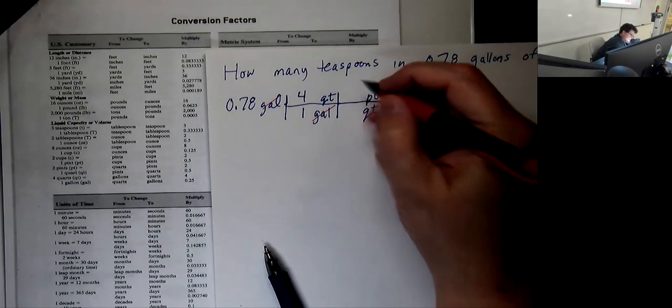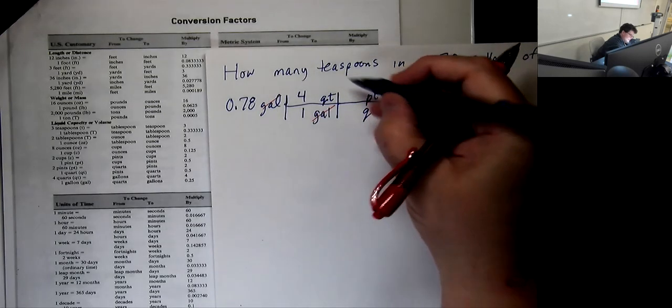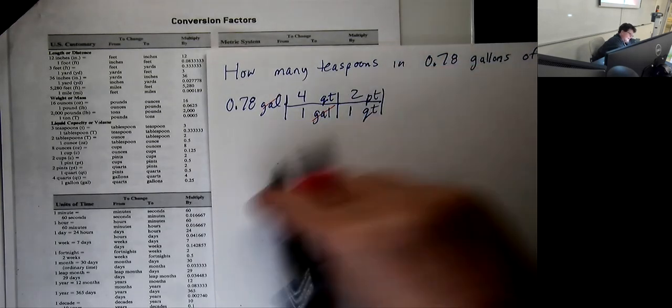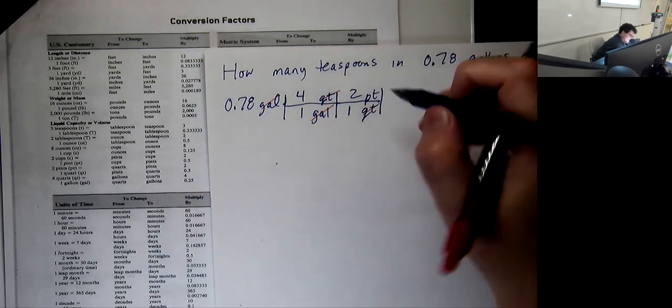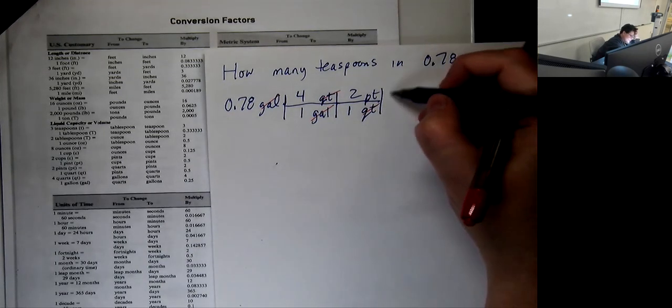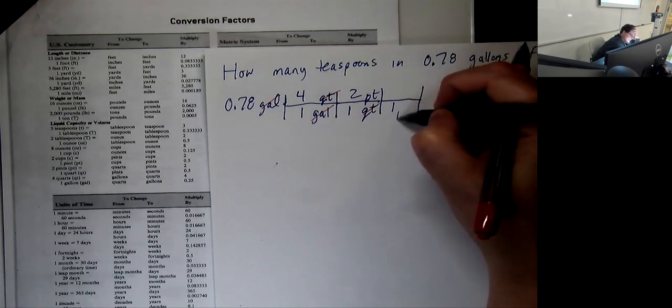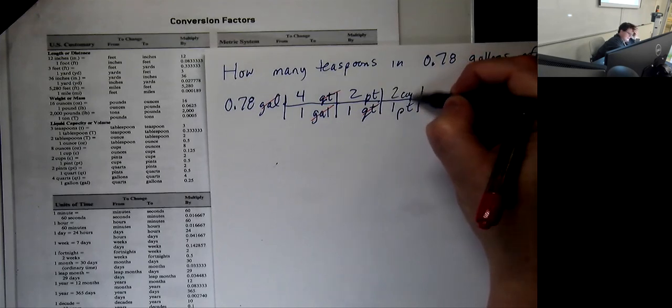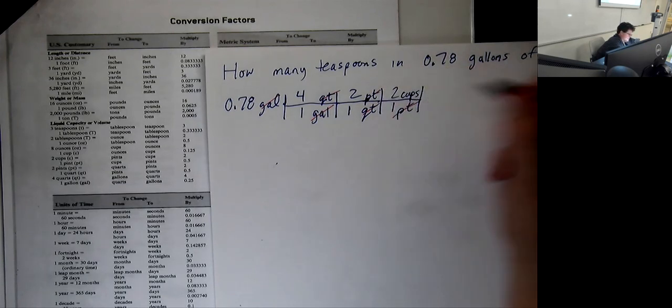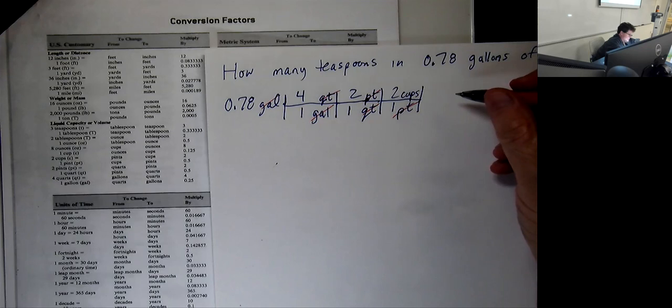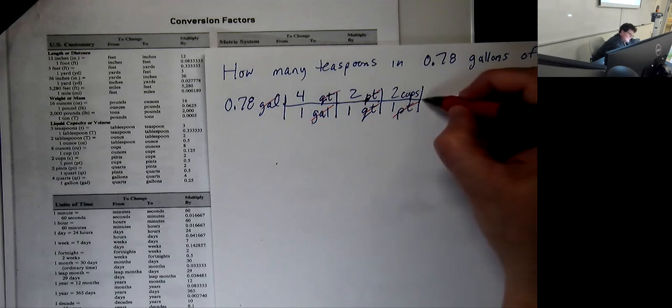There, 1 quart is 2 pints, and my quarts go away now. And 1 pint is 2 cups. We'll do that next. And then it says 1 cup is 8 ounces.